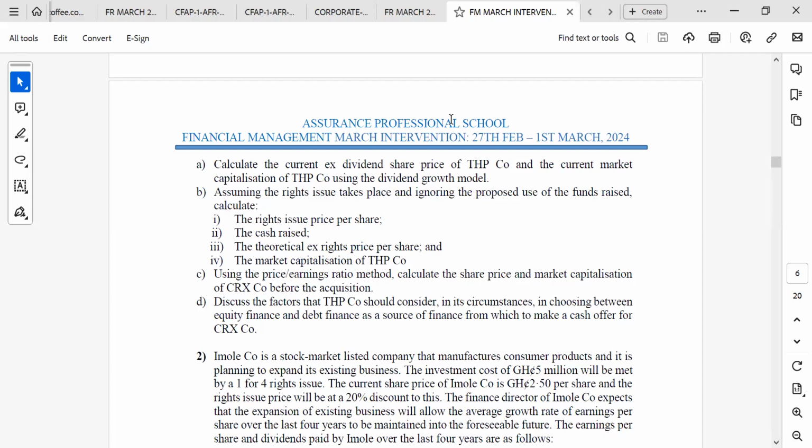Then C. Discuss whether the proposed business expansion is an acceptable use of the finance raised by the rights issue and evaluate the expected effect on the wealth of the shareholders of Imole Co.